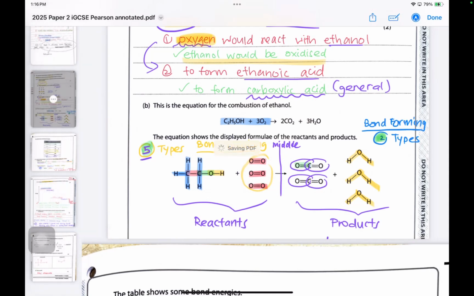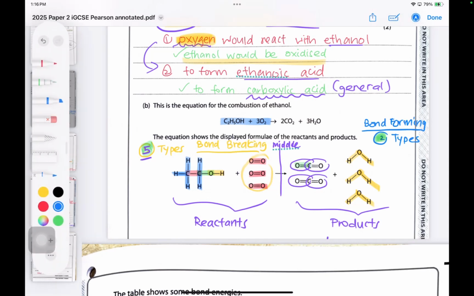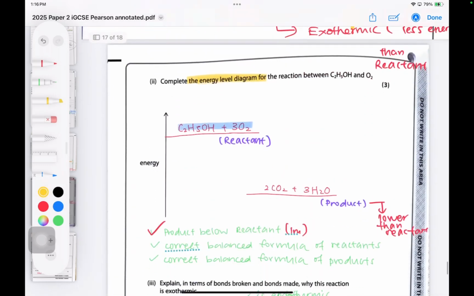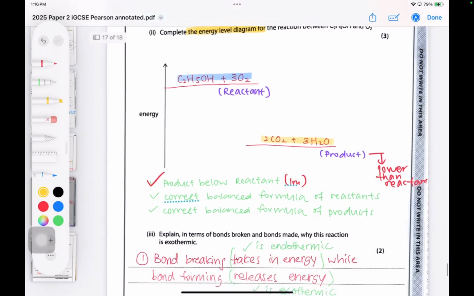So 3 before the O2 is important here. And you write that for the reactant, which is the line on the extreme left, and you do the same for the product. Okay, this is how it looks like. So by writing out the complete equation on both the reactant and product side, you will get the next 2 marks.